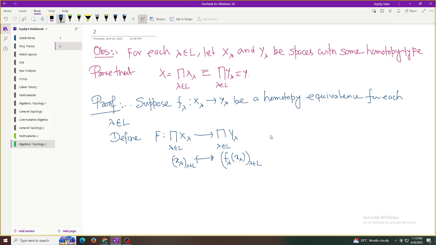Note that f is continuous as each f_lambda is continuous.